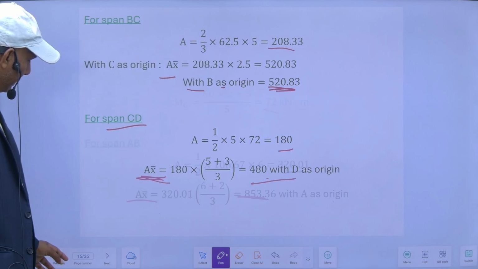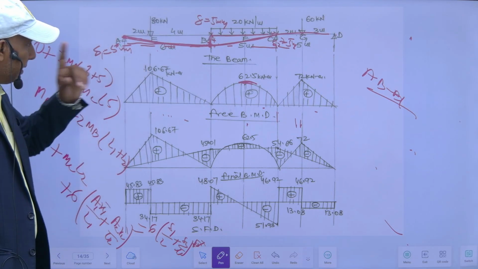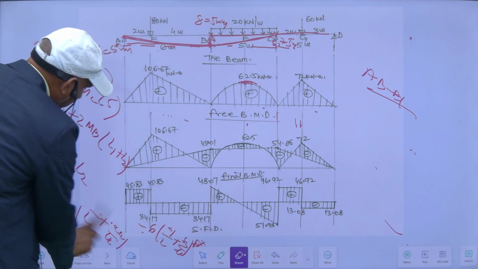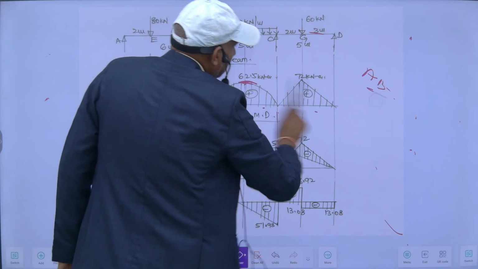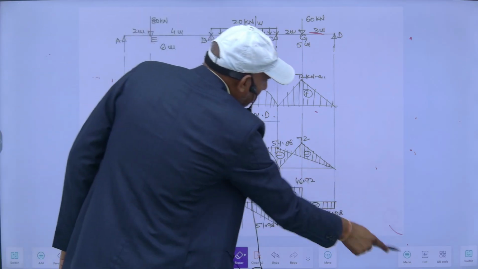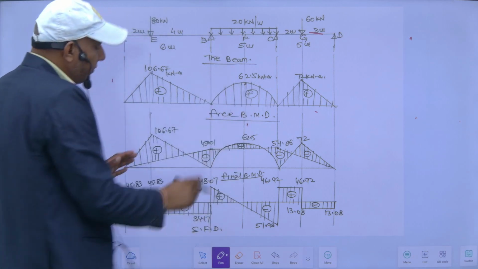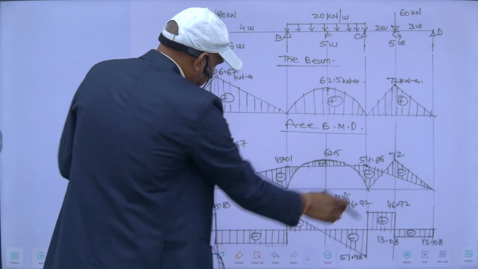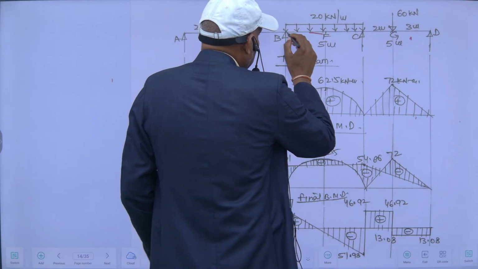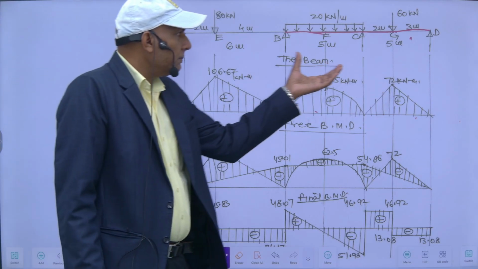Now, for BC and CD, if I treat these two spans, I am considering this and this span, and I will apply the 3 moment equation for BC and CD.